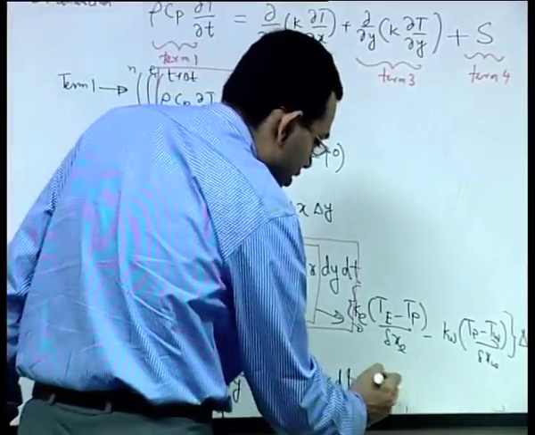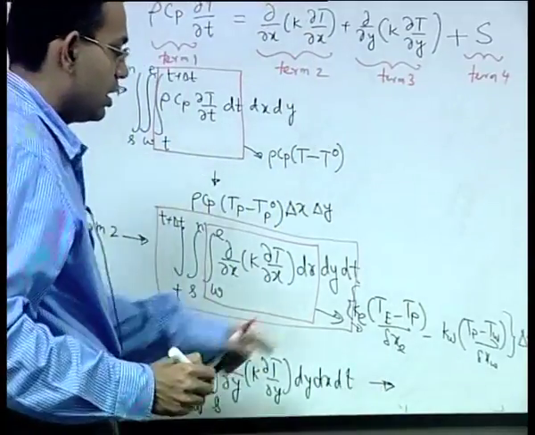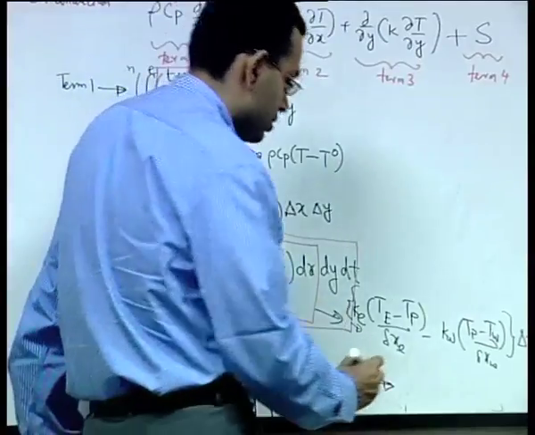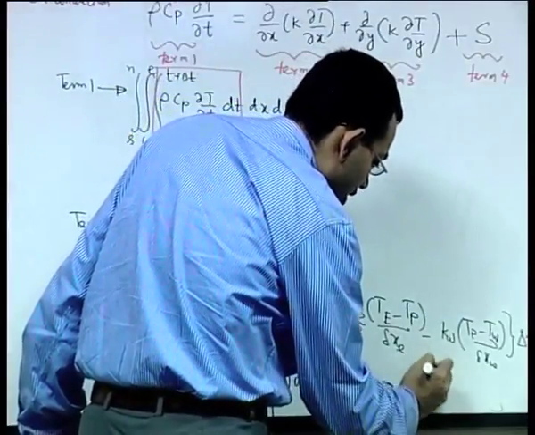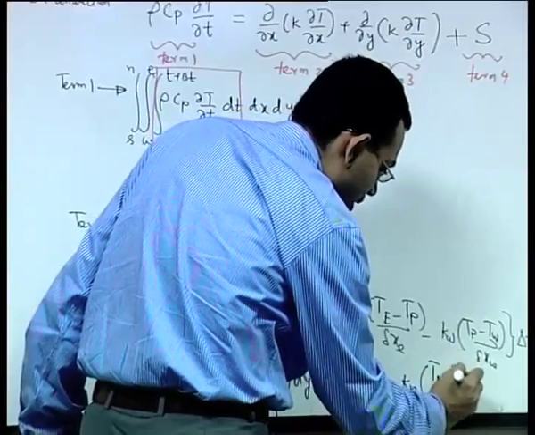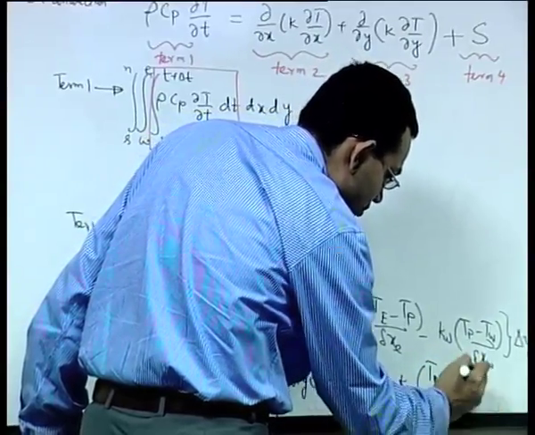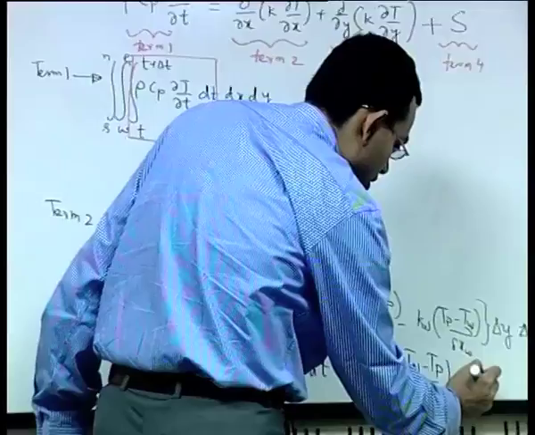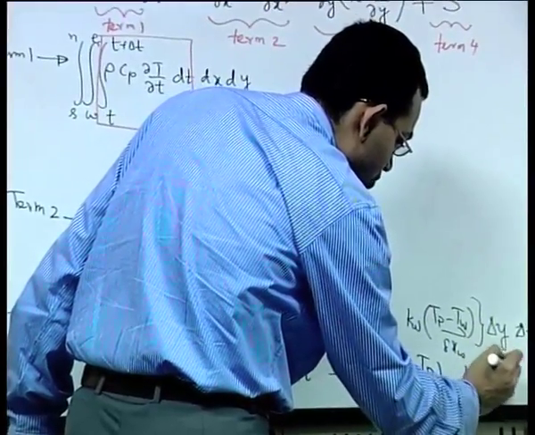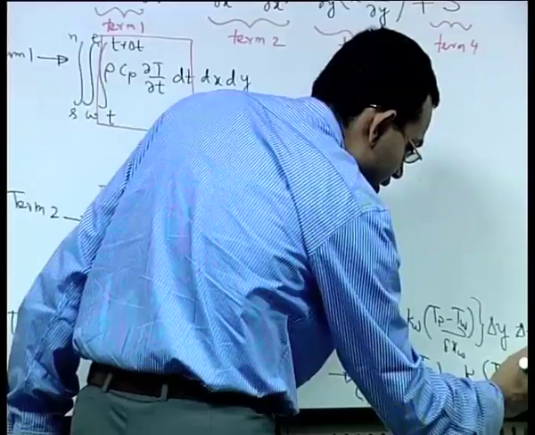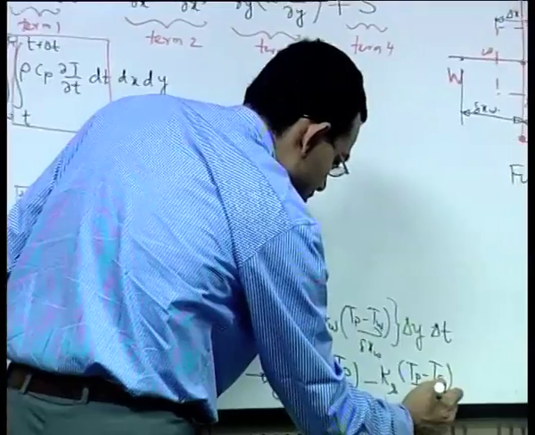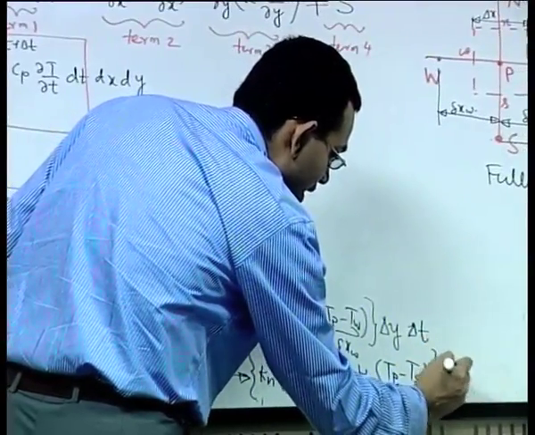So, what will be the corresponding term? In place of k small e, it will be k small n into (T n minus T p) by delta y n, minus k small s into (T p minus T capital S) by delta y s, into delta x into delta t.